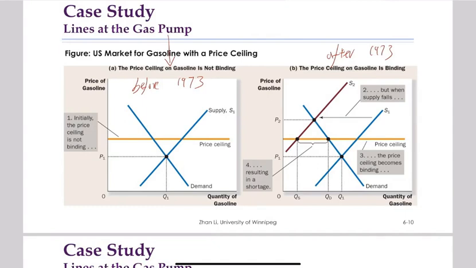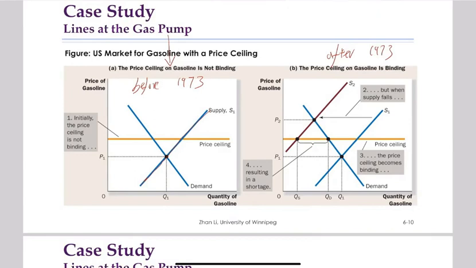So before 1973, there was no supply shock. So the supply curve stays at this place. And the price was P1, which is below the price ceiling. So in this case, we know that the price ceiling imposed by the US government was not binding.